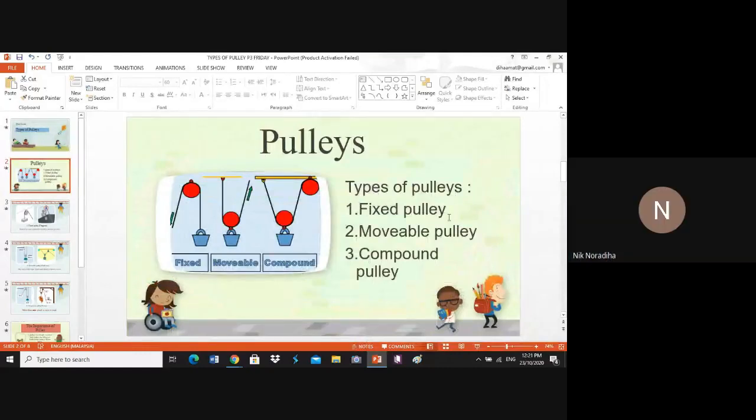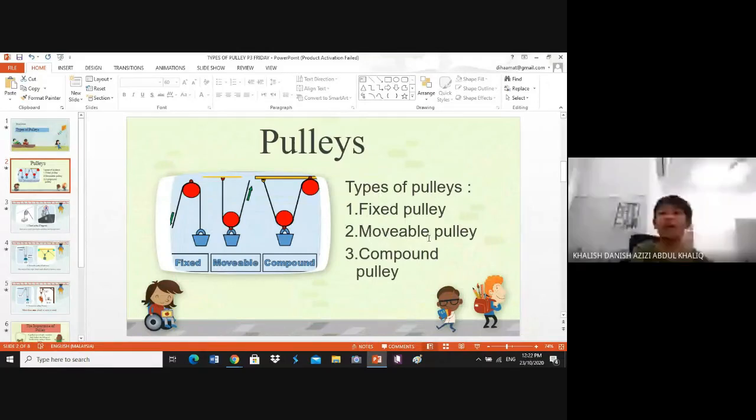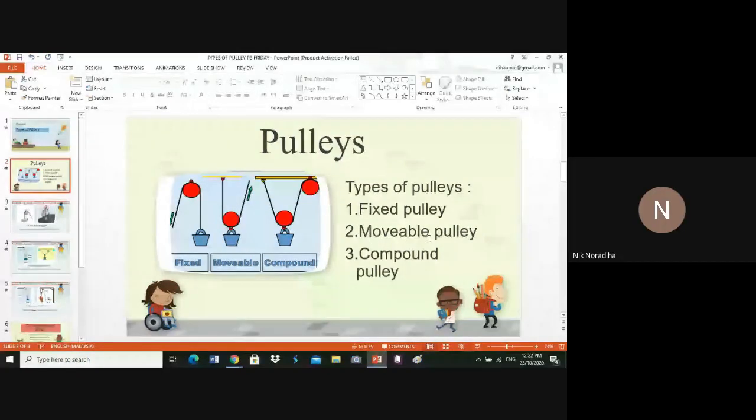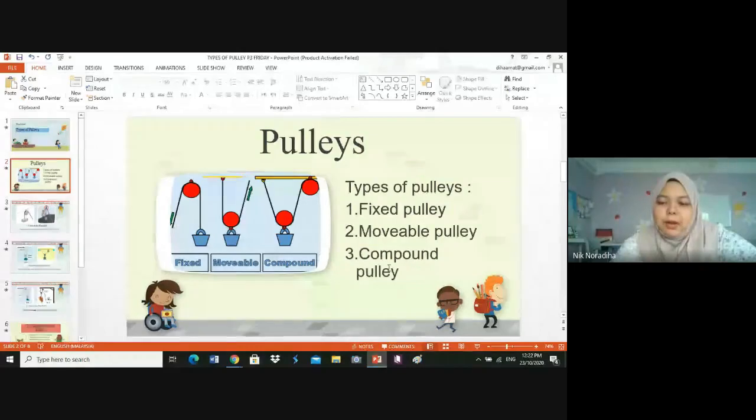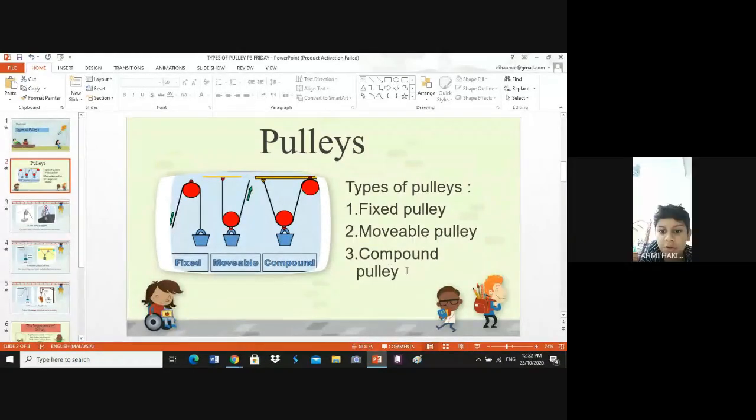The second one is movable pulley. If you can see the word move, it moves everywhere, back and forth. The third one is compound pulley.